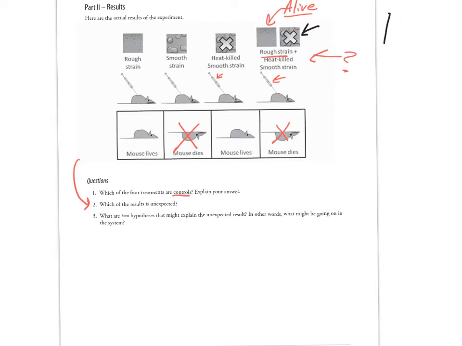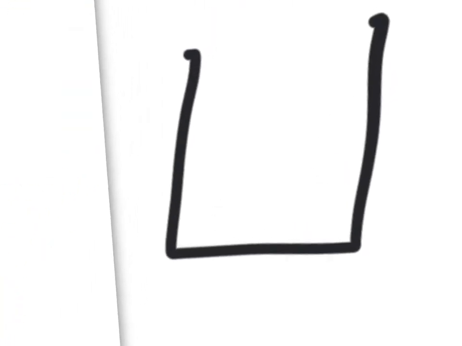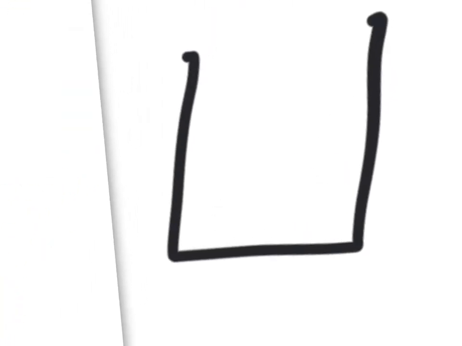So let's go ahead and do a little drawing here. Let's zoom in and take a look at what would have been. You had those cells, they were alive, and now they're open, right?